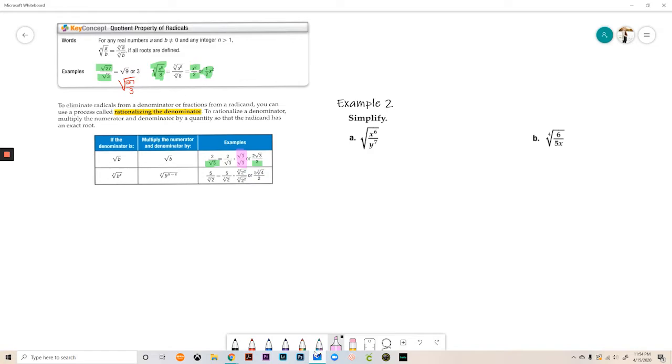We can do this same thing with any root. We have a third root of 2 in the denominator in this example. We need to multiply by something so it cancels out. So if we multiply by the third root of 2, we're left with a 2 on the bottom. Now the reason they have this squared is so we end up with three 2's.